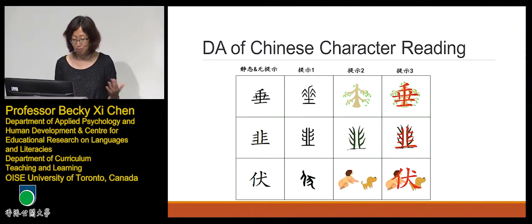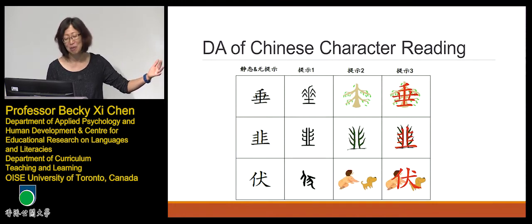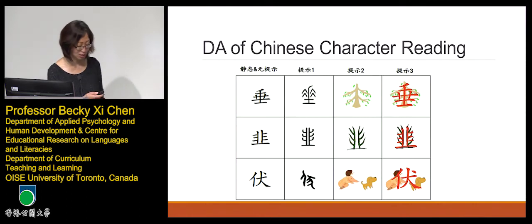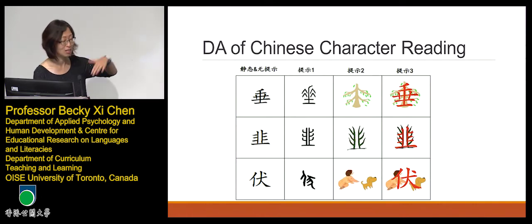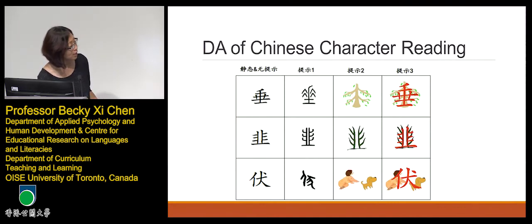So this is the measure she designed to help children understand how this character was created, and also in this process, they will gain a better understanding about how to pronounce the character. And she has a list of characters. I just picked a couple, like fu.